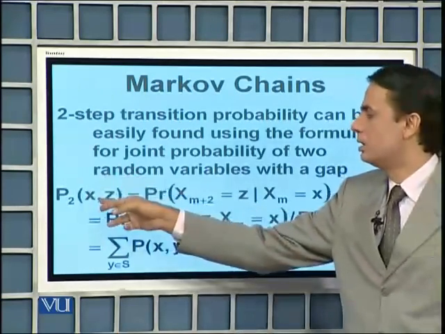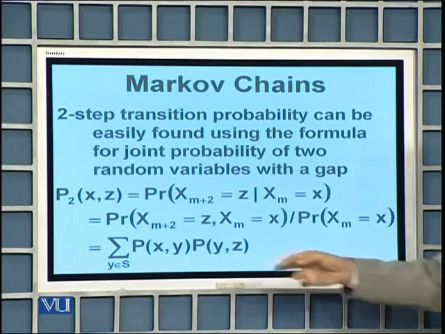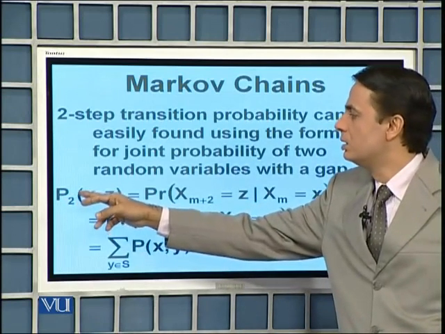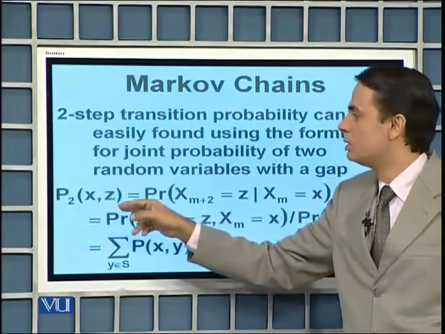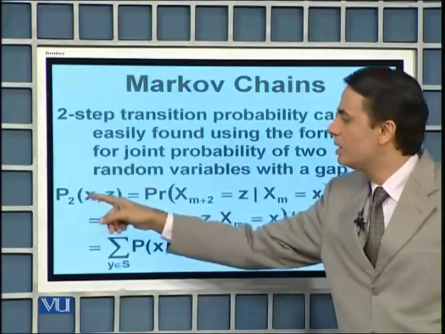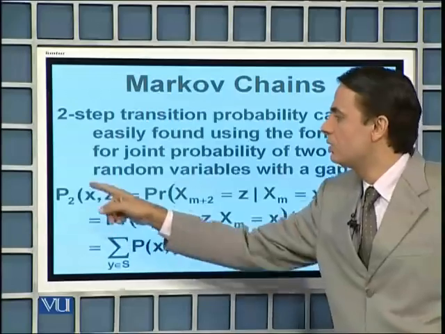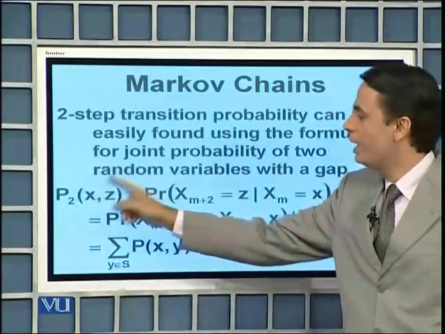So this summation represents one element in that matrix at row x and column z, and that is exactly what we are interested in. If we have the collection of all possible two-step transition probabilities, we have a two-step transition probability matrix. We can represent it simply with P^2. When we use this, we are looking at the (x, z) element of that matrix, or at the two-step transition from x to z.